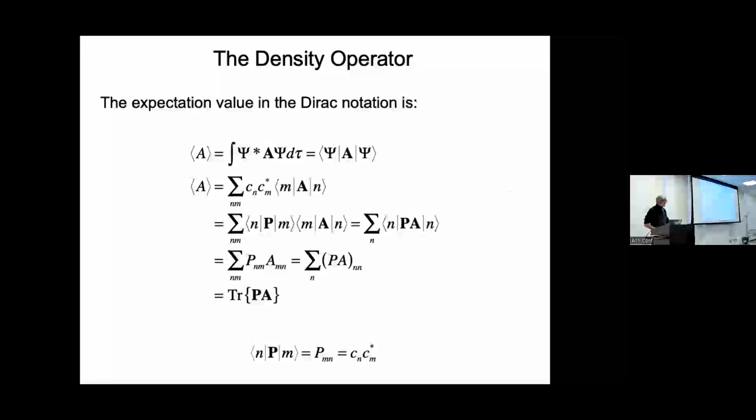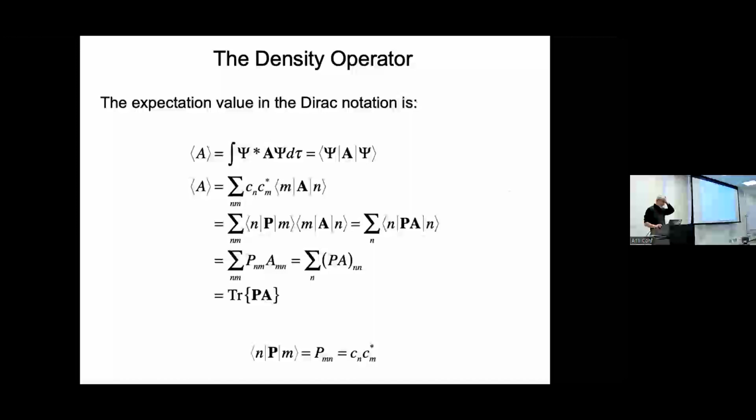So in this Dirac notation, the observable, the expectation value or the ensemble average of A, is just the trace of this projection operator times the Hermitian operator for the observable quantity.